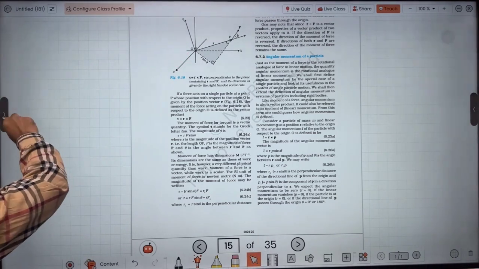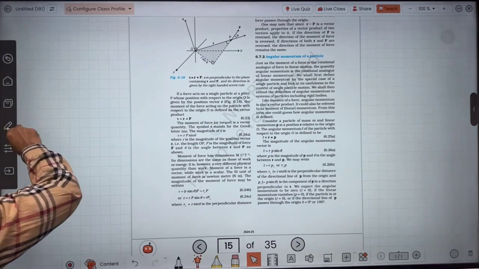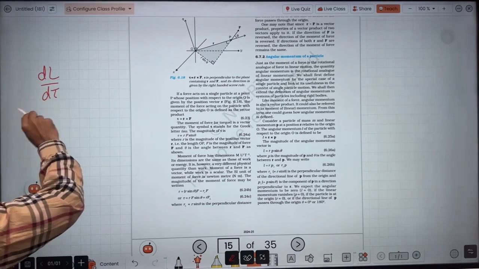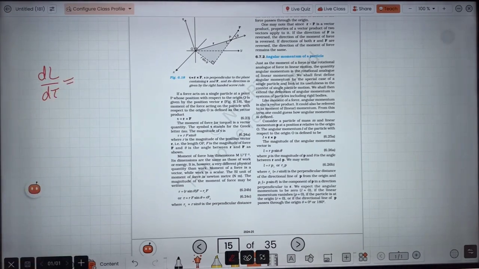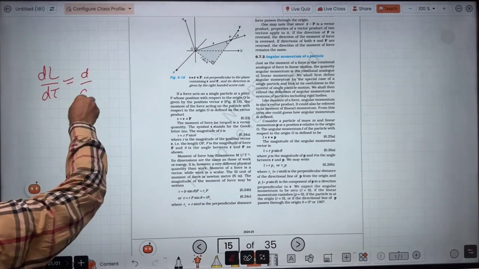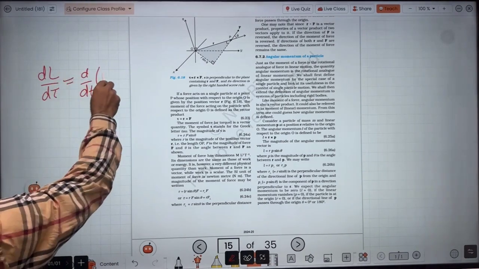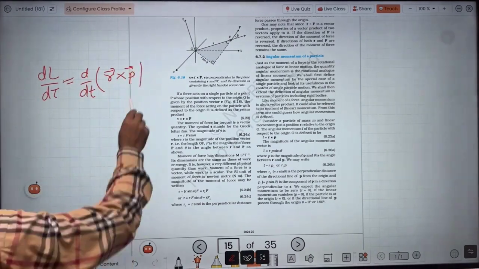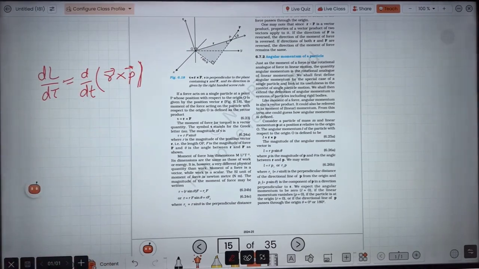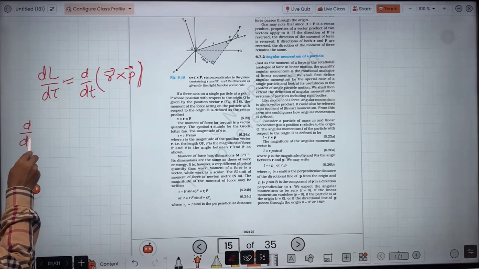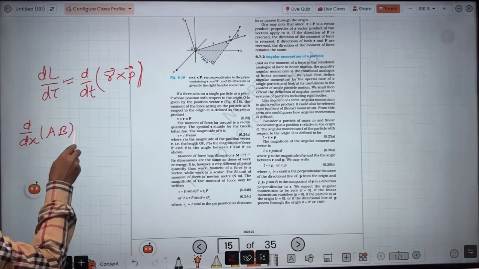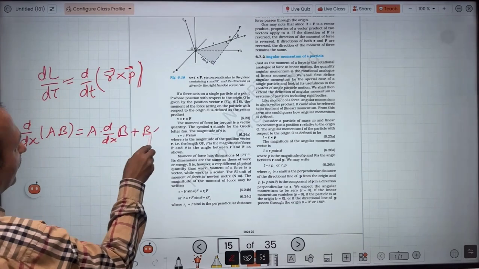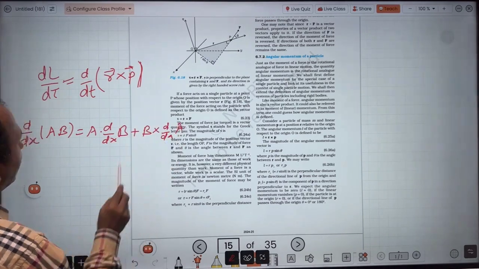And here dL upon dt will give d upon dt of R cross P, since L is R cross P. Now here we apply the product rule of differentiation, which says d upon dx of a function a and b gives a into d upon dx of b plus b into d upon dx of a.